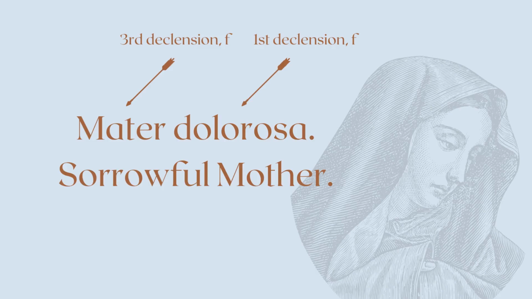So you can see that the ending of dolorosa, although it agrees in gender, number and case with the noun mater, the ending's different. And all this goes to prove is that we can't expect them to always be the same, even when they agree, and that's why it's really important to carefully go through the parsing or the analysis of each word in a sentence.